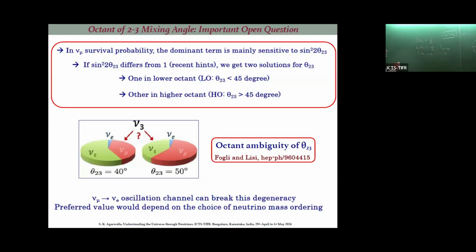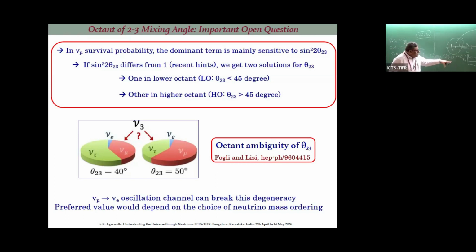Now at the leading order, their survival probability looks like that. You have two pieces, sine square 2 theta 2,3 and sine square 1.27 delta m square 31 L by E. You must have seen that.